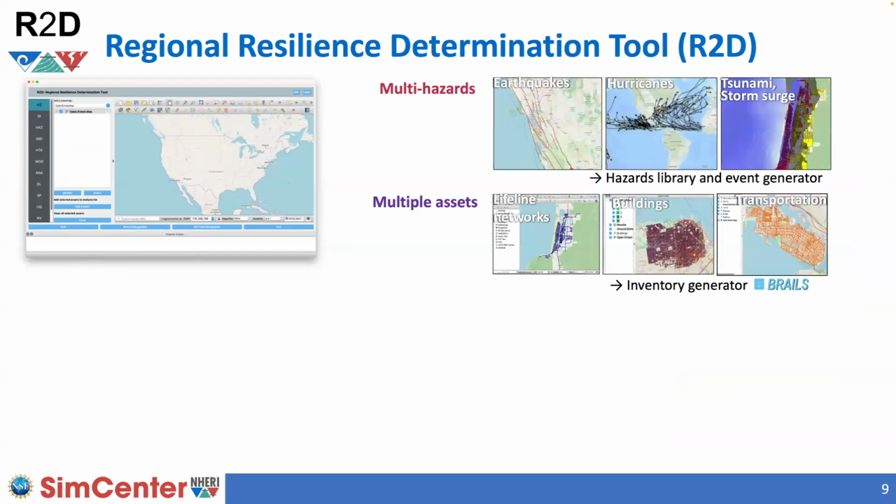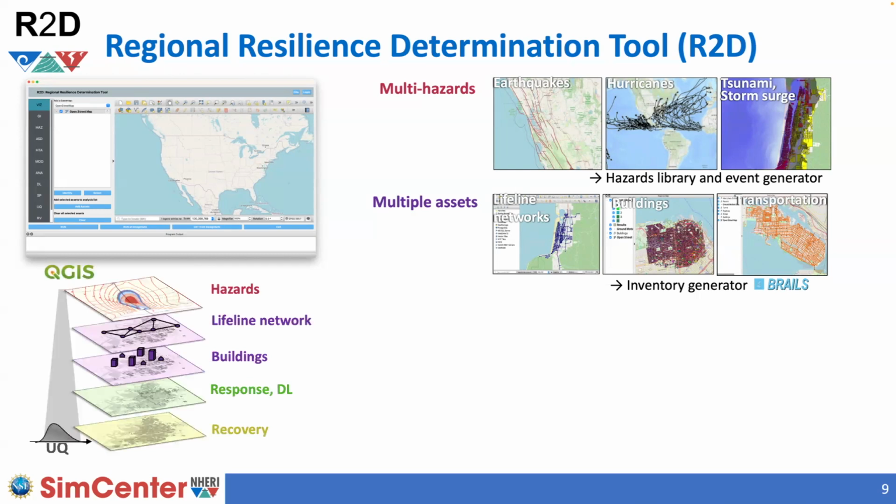It can also study multiple types of infrastructure assets, including water pipeline networks, buildings, and transportation infrastructure. In the user interface, we have the open source GIS software, QGIS, embedded, so we can manage this spatially distributed data in a relatively easy manner.